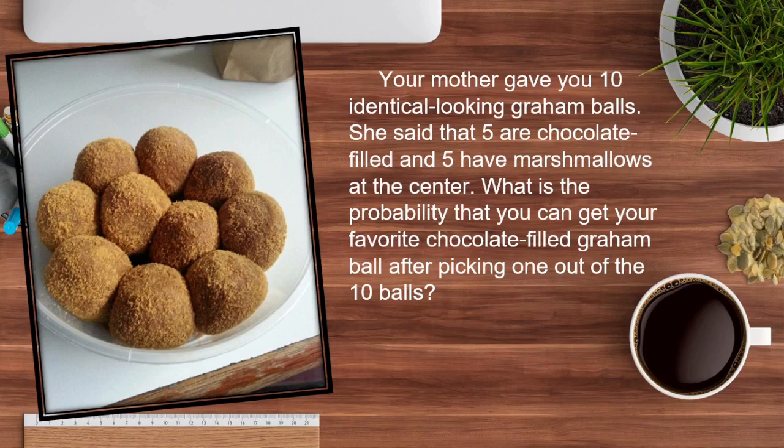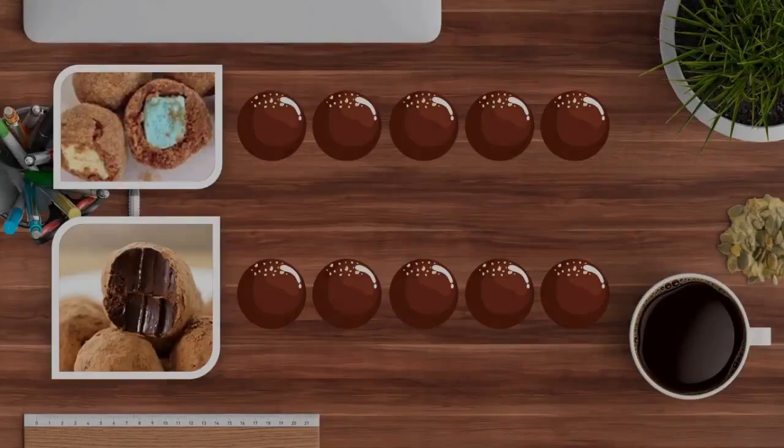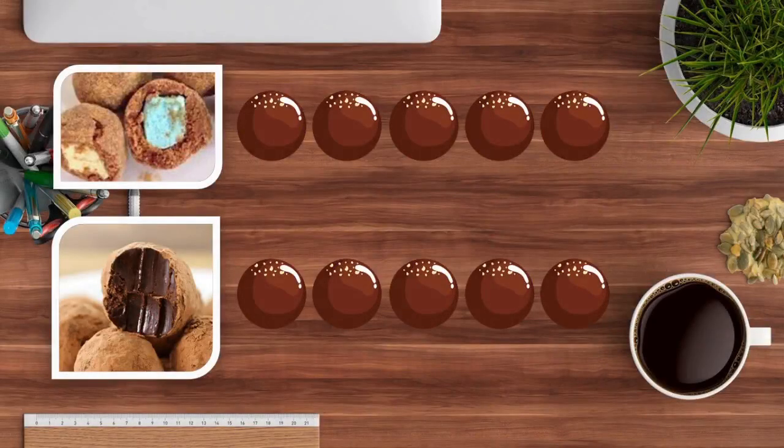So let us analyze the problem. So what do we have? We have 10 identical looking gram balls, meaning we don't know which is which. So there's no way for us to determine which ones have marshmallows at the center or which ones are chocolate filled. Okay, so we are hoping to get one of these 5 chocolate-filled gram balls because that is our favorite.